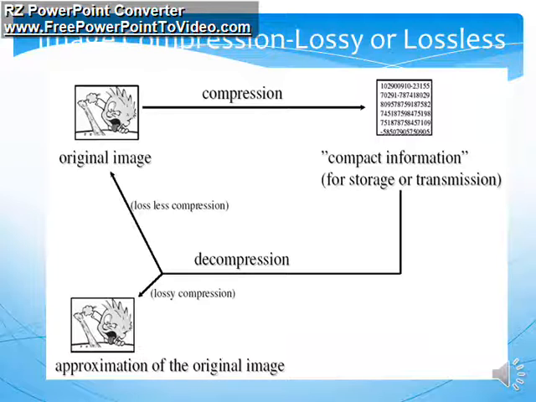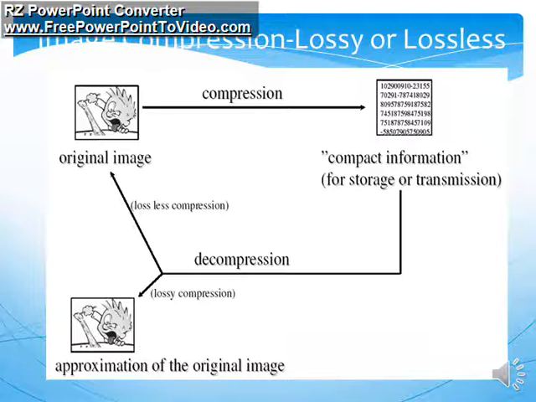Now if we want to extract the image from the compact information, the reverse process is done, which is known as decompression. Using decompression, whether we did lossless compression or lossy compression, the result will be different. That means if we did lossless compression, the original can be recovered, and if we use lossy compression, then an approximation of the original image can be retrieved.